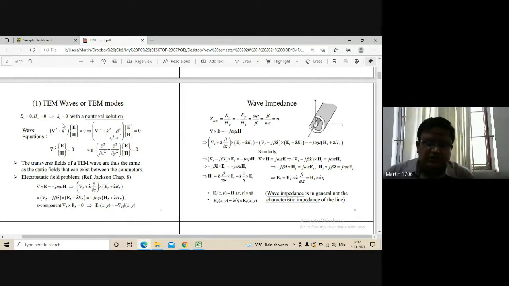Also, you can see the wave impedance is, in general, not the characteristic impedance of the line. The wave impedance is the quantity denoted in three dimensions. Each signal has some resistive power, so it cannot be interfered with.